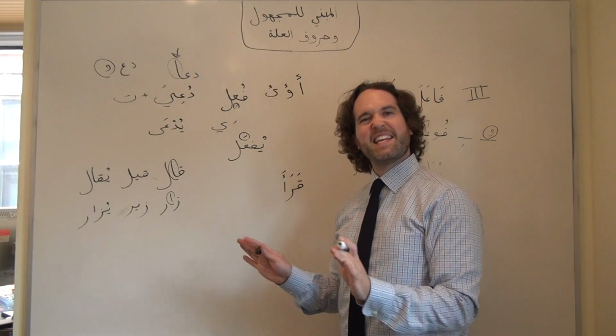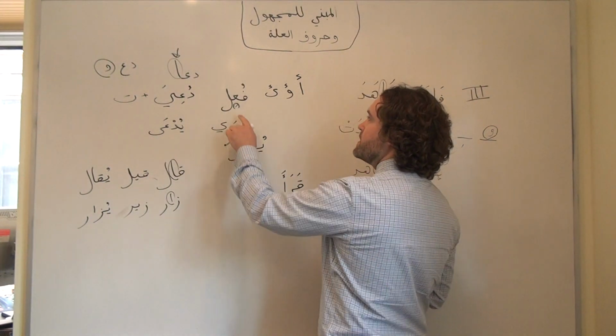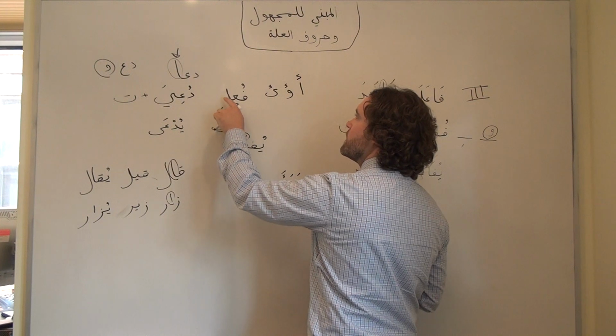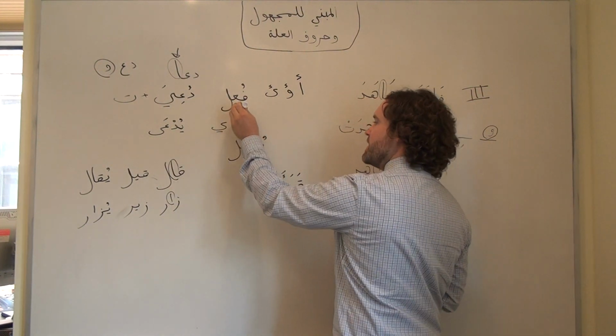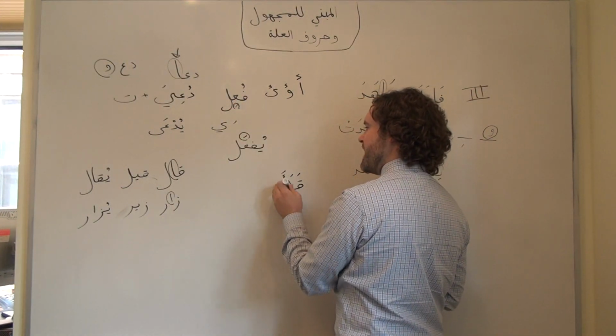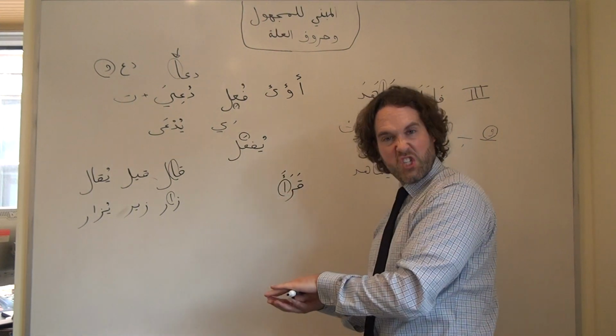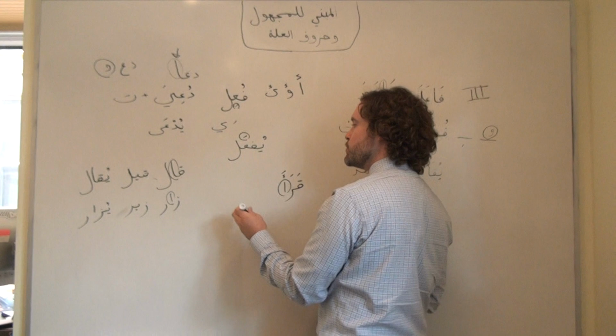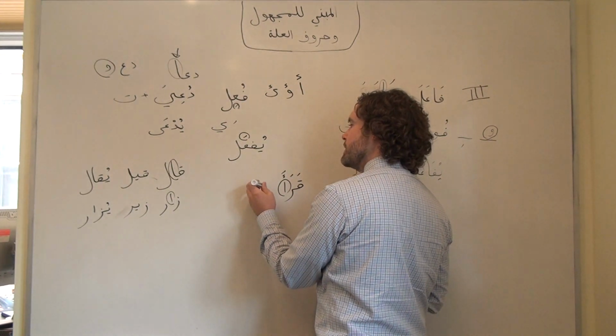once again we apply the same principles. So in the past tense we have quri'a, and because of that kasra, the alif, that is the kursi, the chair, again, that's just what we call it, that the hamza is sitting on, is going to turn into a ya.